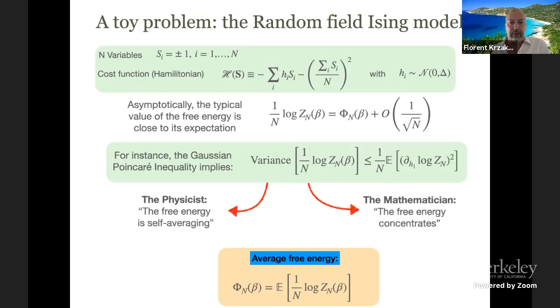In fact, you can prove this in a few lines. There are many ways to do it, but if you just apply the Gaussian Poincare inequality, you directly get that the variance of this random variable is bounded by 1 over n times the expectation of this derivative. If you compute this derivative, you will see it's finite. So the variance decays like 1 over n.